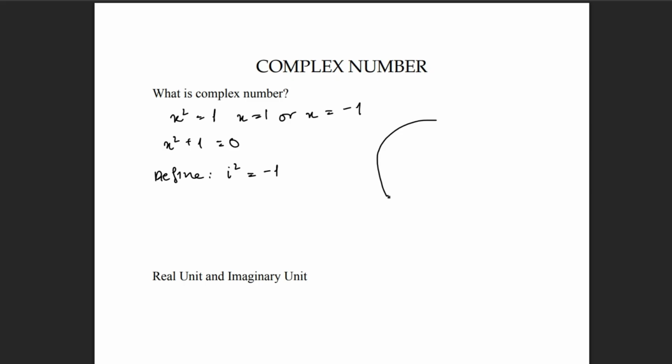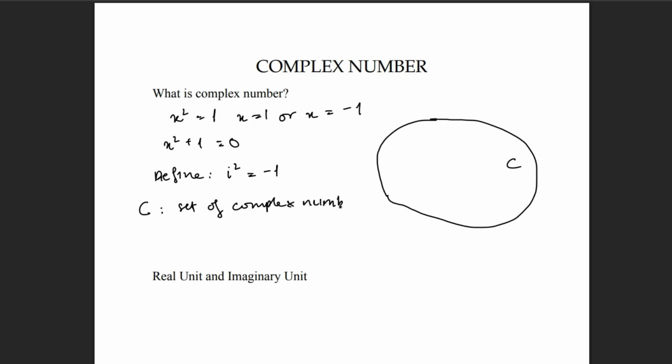there is a set of complex numbers. We denote C as the set of complex numbers. So in the complex numbers, we will have the set of real numbers, right?